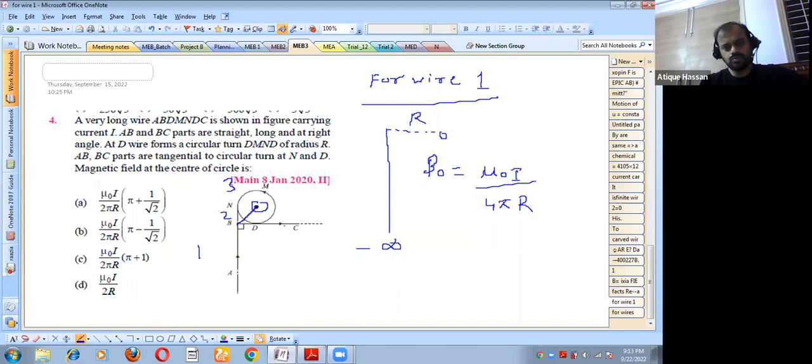For wire 2, what will be the value of theta? If you see here, we were taking this angle. So what will be the value of theta 1? That is the main challenge, to find theta 1.